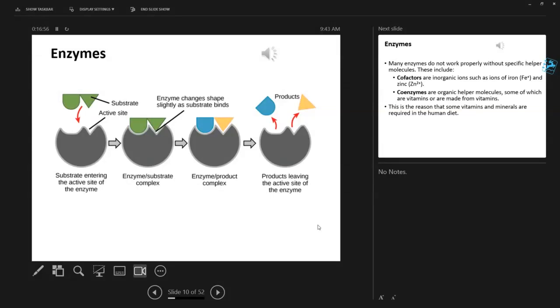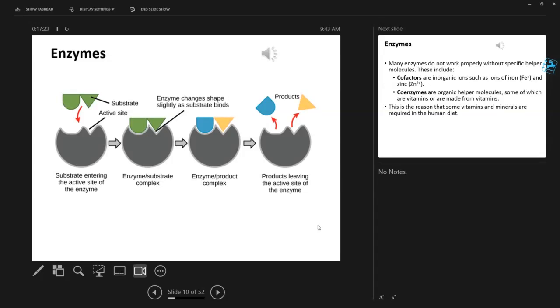And this keyhole is a specific shape that the reactant molecules can fit into that keyhole. And in the case of chemical reactions that are catalyzed, or they happen because of enzymes, the reactants are called substrates.